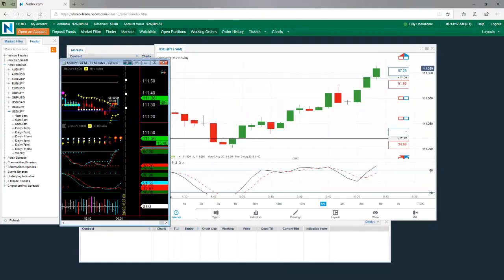It's been a very slow morning. You can actually tell it's been slow because you can see how small these price bars are. That's a good indication you've got a slow moving market.